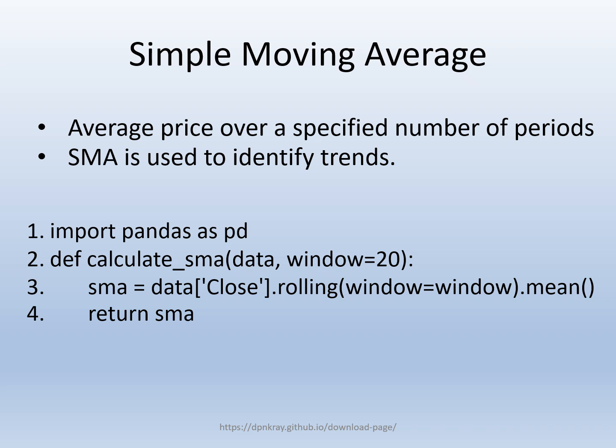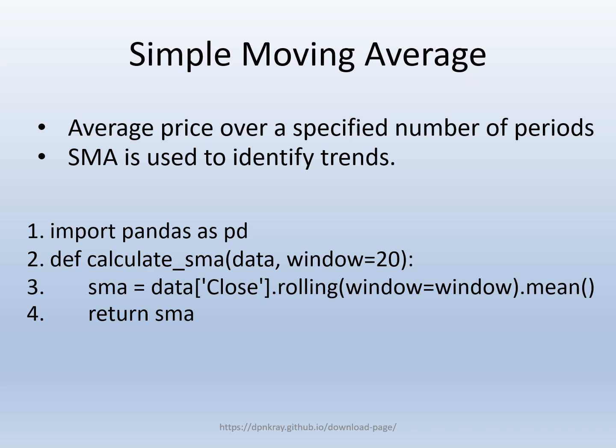Here I have defined it with def calculate_SMA, data, window size 20. Then from Pandas I have used a function rolling. Here I have written SMA as closing value rolling window size 20 and mean of that 20 size.